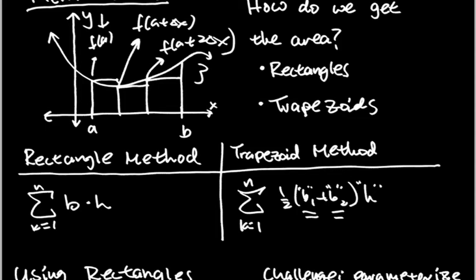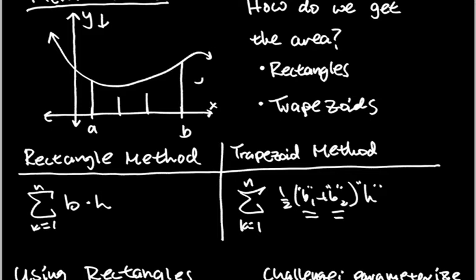So what about other ones? Let's do the same thing here, just with the right ones. Here, we don't start at f of a. We start at f of a plus delta x. Then we go to f of a plus 2 delta x.